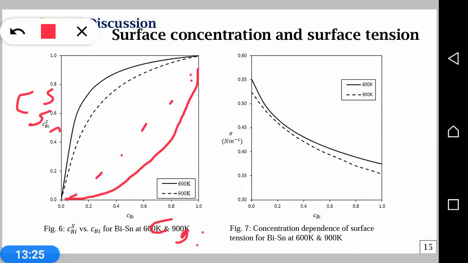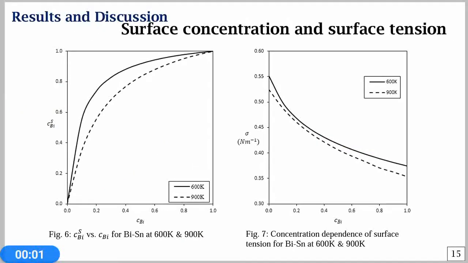These plots have concave-like shape, which agrees with many studies on surface properties that the component with lower surface tension, in this case bismuth, has the greatest surface enrichment. This can be confirmed in figure 6 here, and table 3 that shows the surface tension of pure bismuth and pure tin.